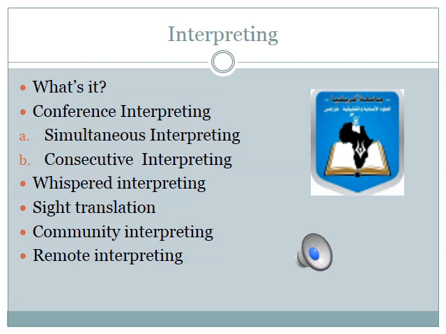That's why we call it consecutive. The interpreter sits or stands next to the speaker. The speaker speaks for some time and then stops. The interpreter translates that part of the speech and stops again, and the speaker continues, and so on. That's how it goes.